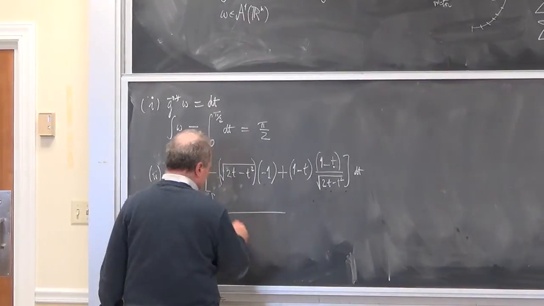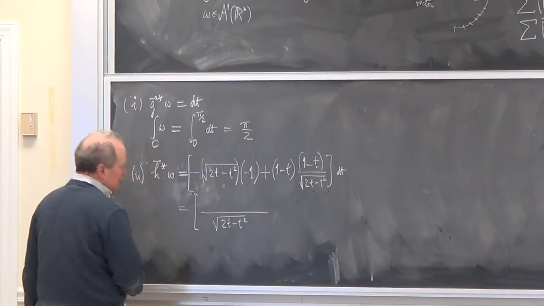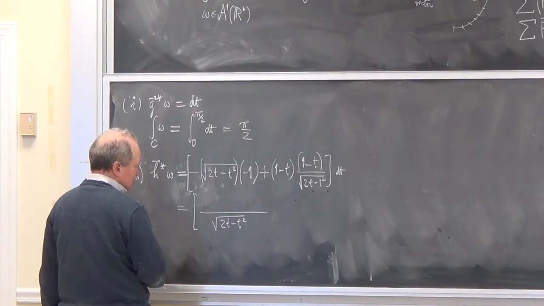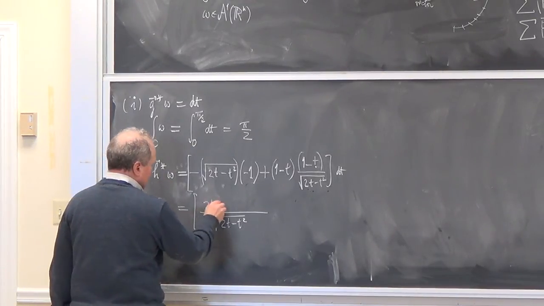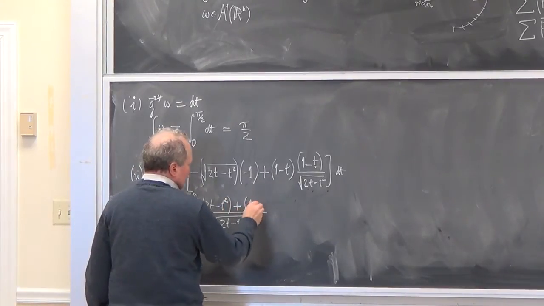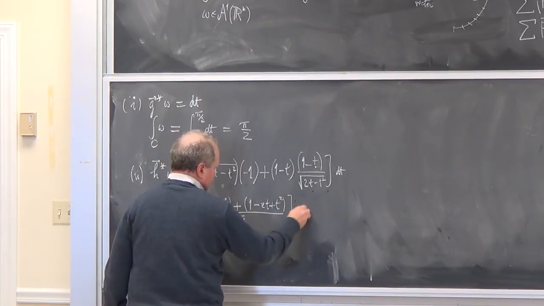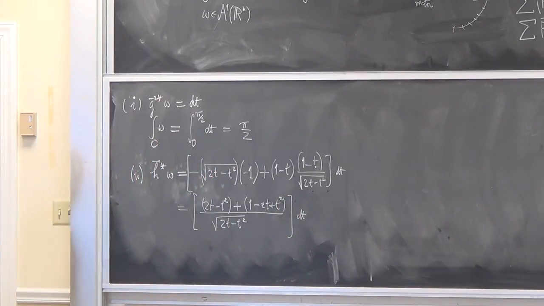Then what do I have upstairs? 2t minus t squared plus t squared minus 2t plus 1, which is just going to give you 1 on top. Equals 1.